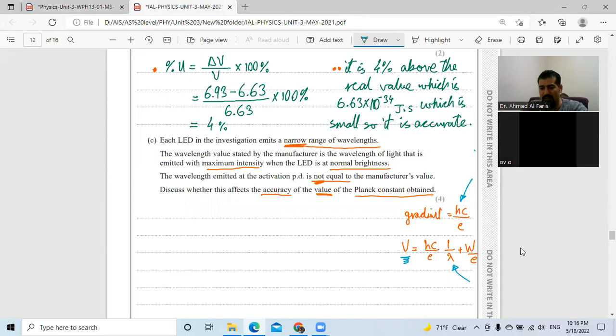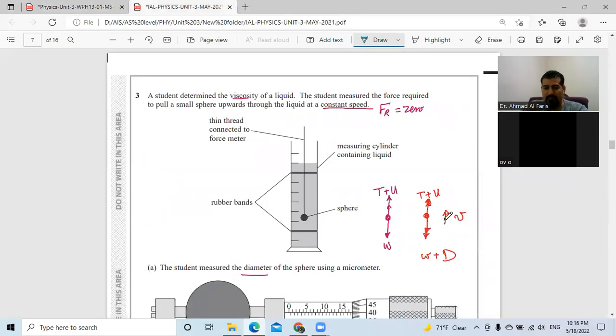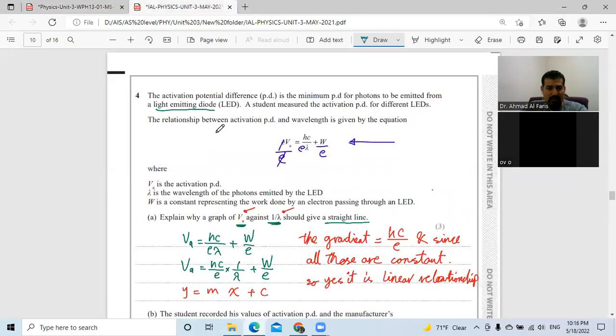Well, they said in the beginning here that the student measured the activation minimum potential difference, the minimum energy needed to release the electrons. So that means least frequency, greatest wavelength. Do you understand the first point? Yes, we have to understand the whole question.